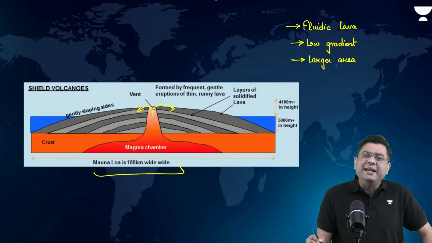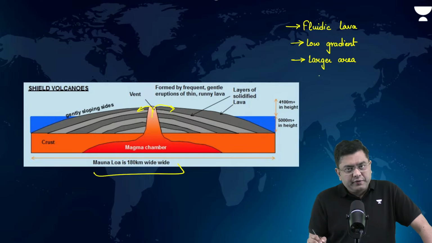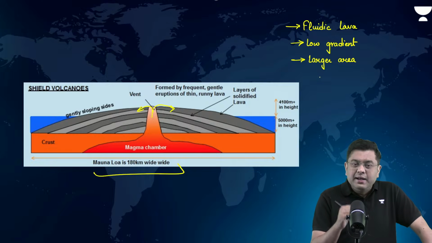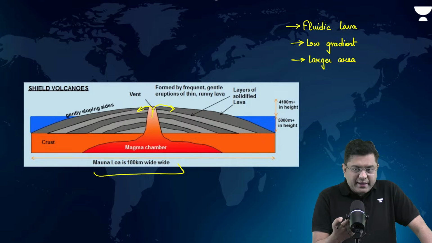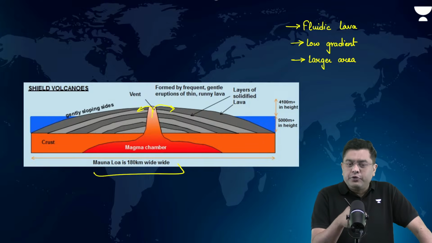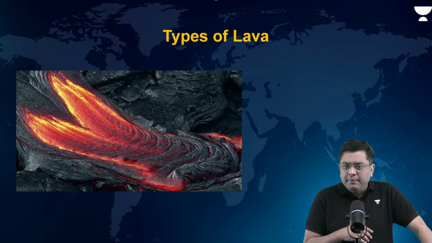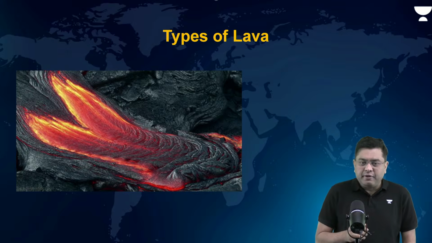Now, what about the height? Will the height be massive? Not always, right? Height can also be limited. Now, because the lava is generally fluidic, the eruption will also not be explosive, but we will come to that when we study the types of lava.